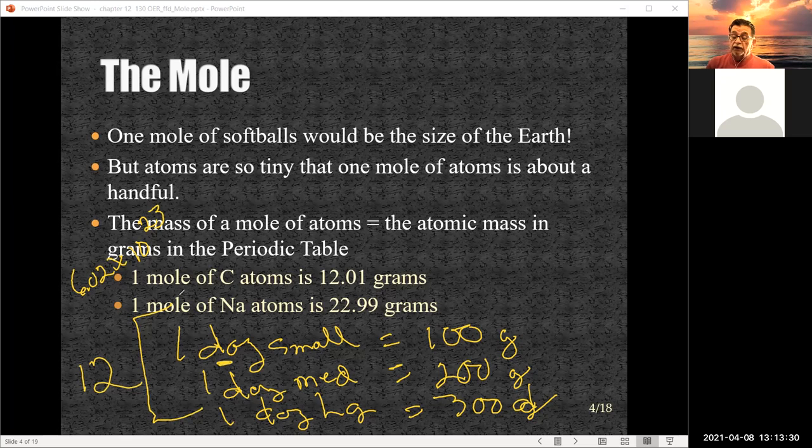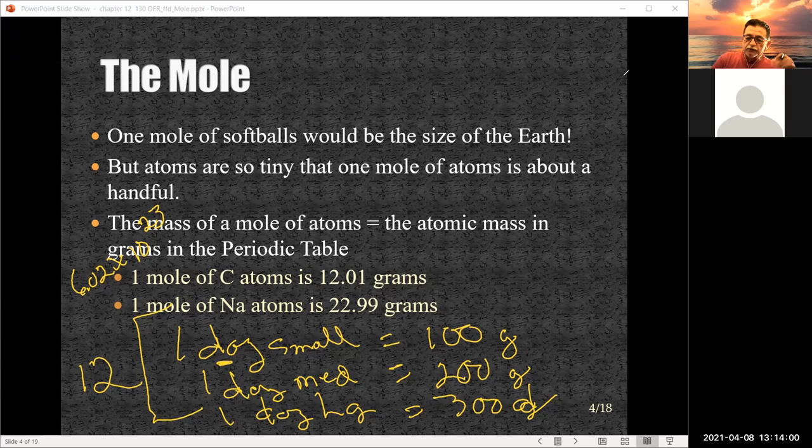Now, when you look at carbon and compare it to sodium, carbon is number 6, sodium is number 11 on the periodic table. Obviously, sodium has more protons and some more neutrons, so it's going to weigh more, right? Just like 1 dozen small eggs is going to weigh less than 1 dozen large eggs. It's just more matter for a dozen eggs, right? They're all eggs, but they're larger.